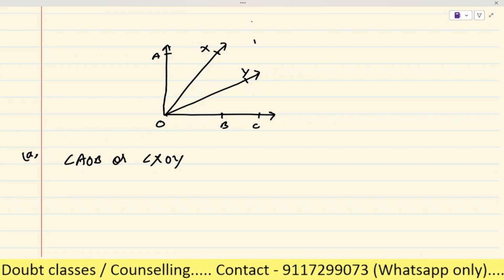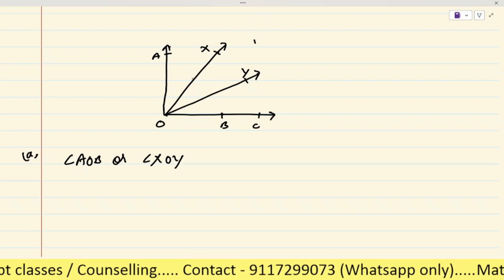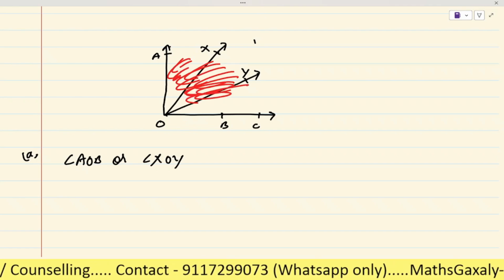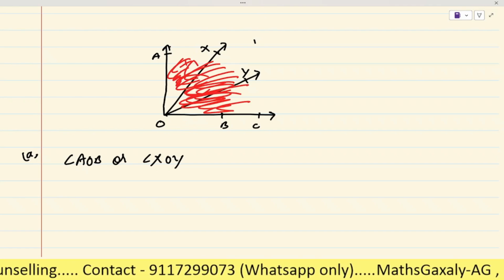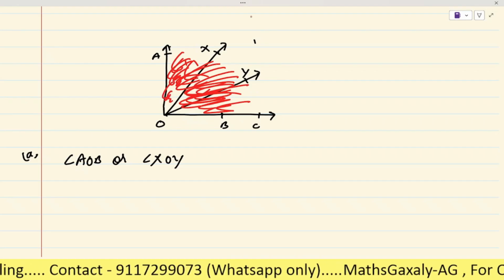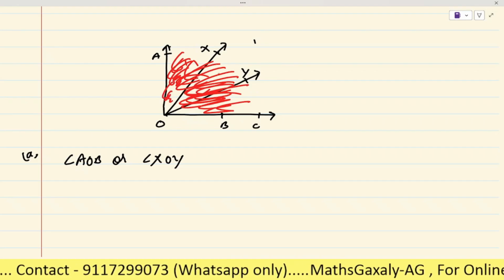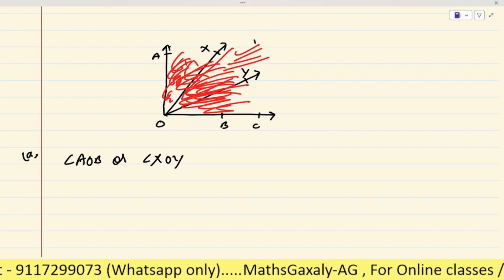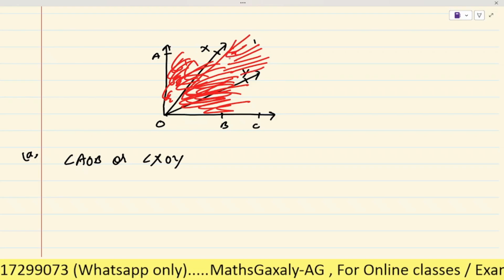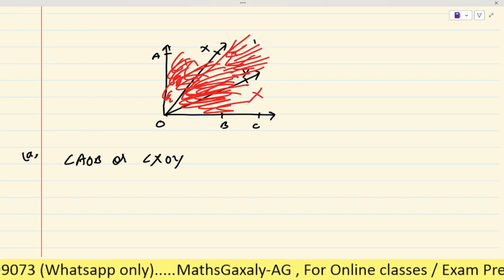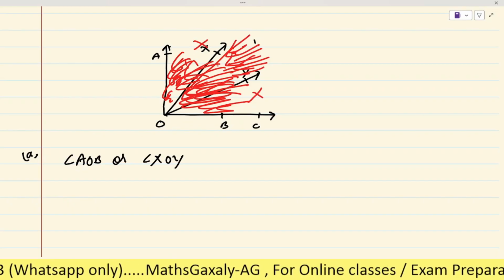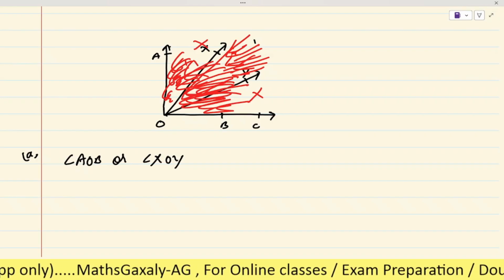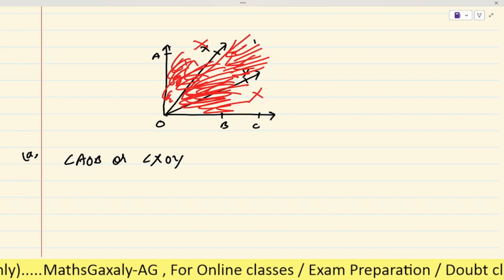If you see the interior region for AOB, it will be this whole one, right? But when you see the interior of XOY, it will be only this part, not this one and not this one. So that's why AOB will be greater than XOY.